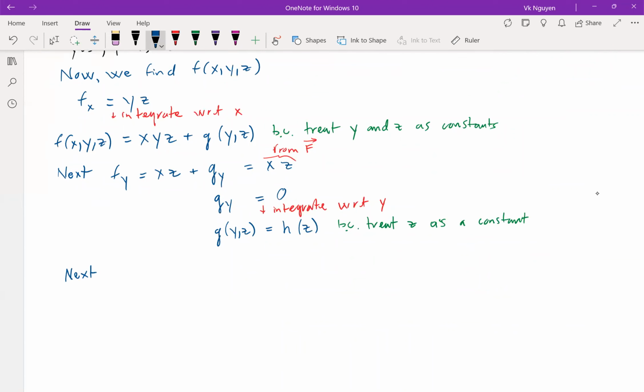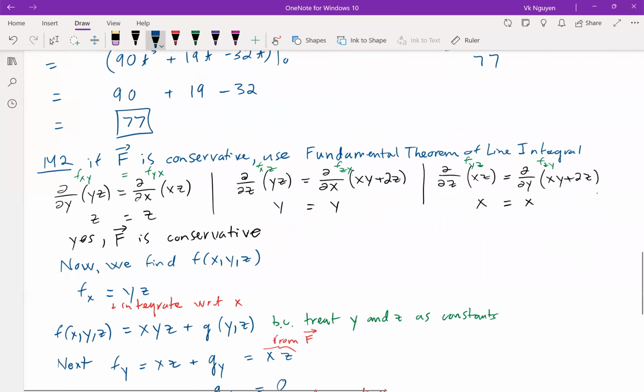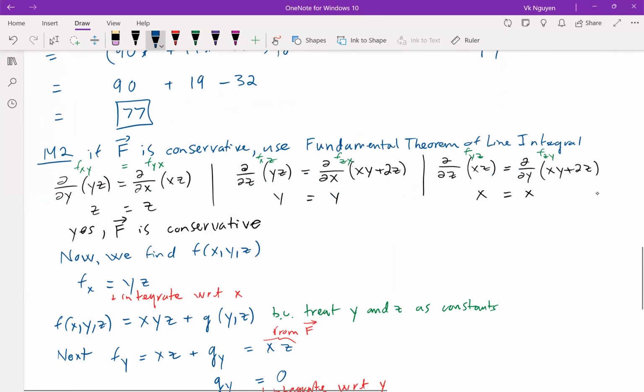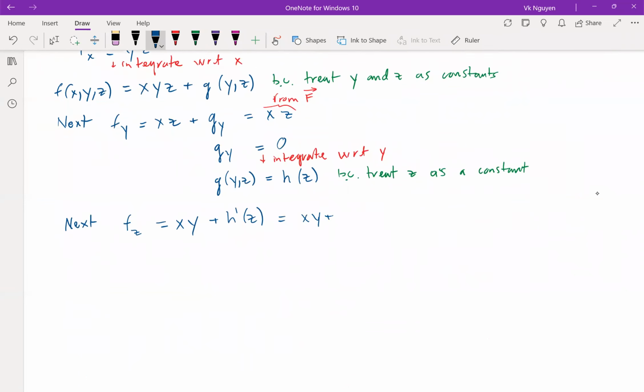Well, we have to do f_z, the last one. So f_z, look at f_x y z here, it's going to be xy plus g(y,z) is h(z), so it's going to be h prime of z, and this has to equal xy plus 2z, the last component from the vector field F. Almost done here, right? h prime of z is equal to 2z.